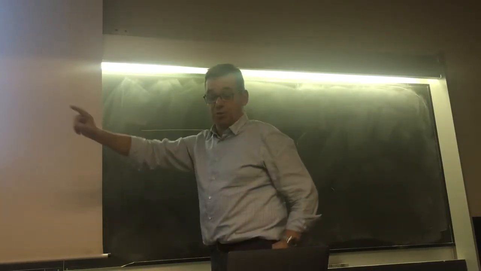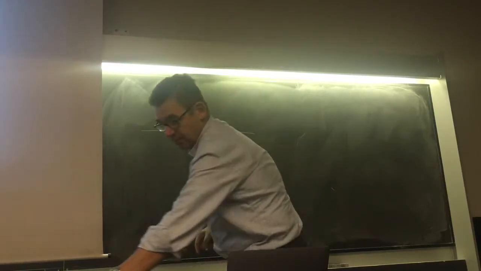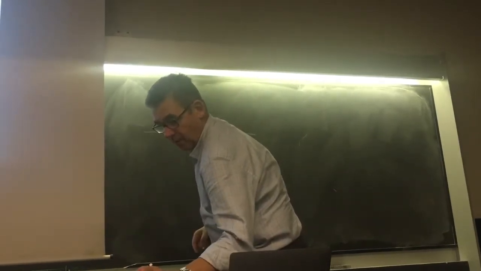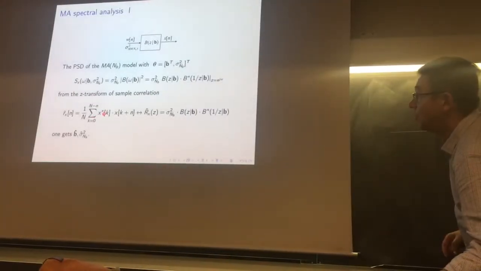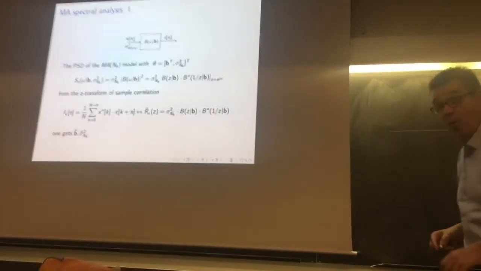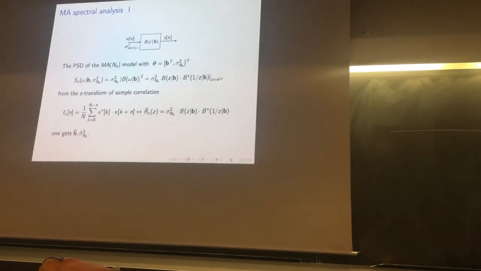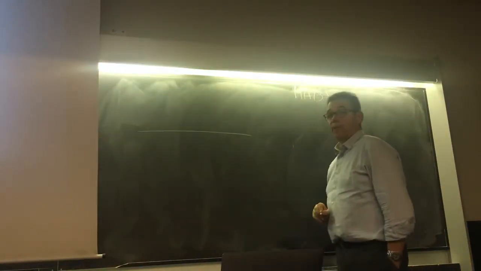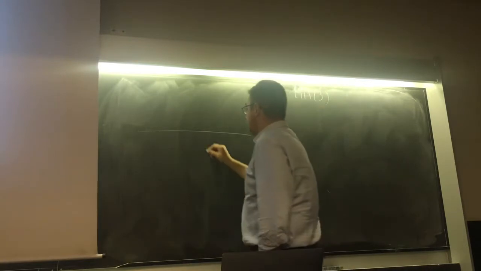Now, if you calculate the biased autocorrelation, this one here, and you know that the process is moving average, assume that I know that the process is moving average with order 3. Okay? Now, what does the theory say?